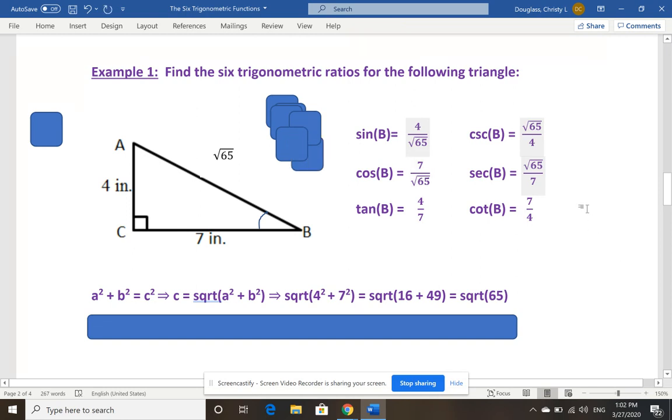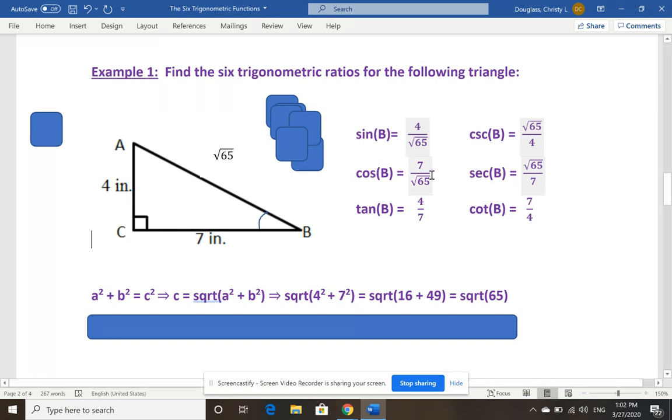So hopefully you were able to find all of those ratios. Now I do want to make note of one thing. We have a couple of ratios here that are not considered rationalized.